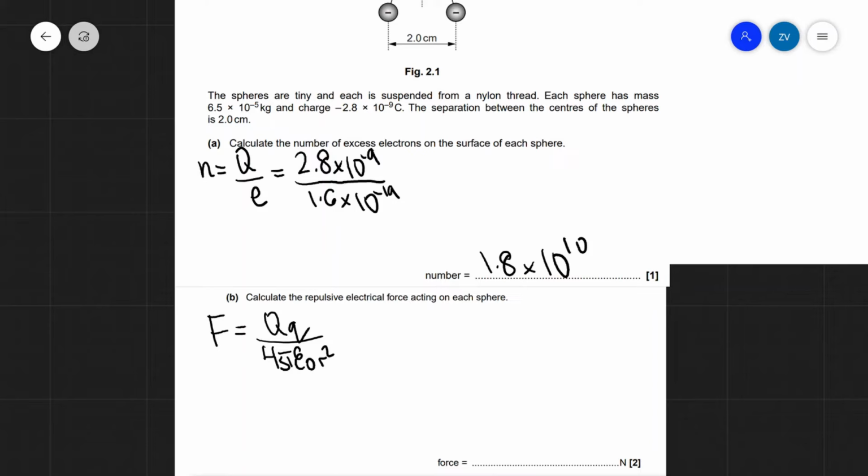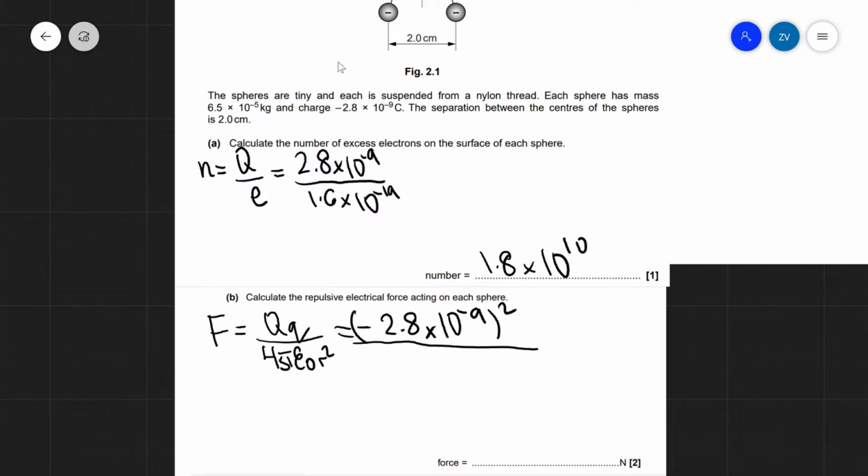The two charges are the same in this case, so we can just square this value essentially with a little minus sign. So this will be equal to minus 2.8 times 10 to the power of -9, and all of this is squared. That's going to give us a positive answer, of course.